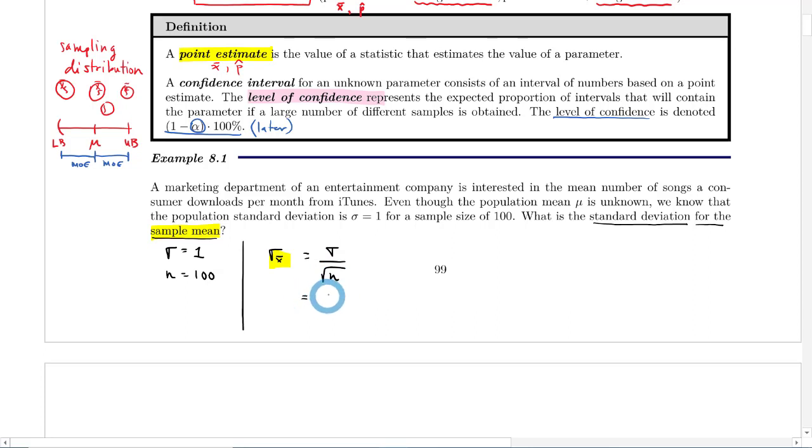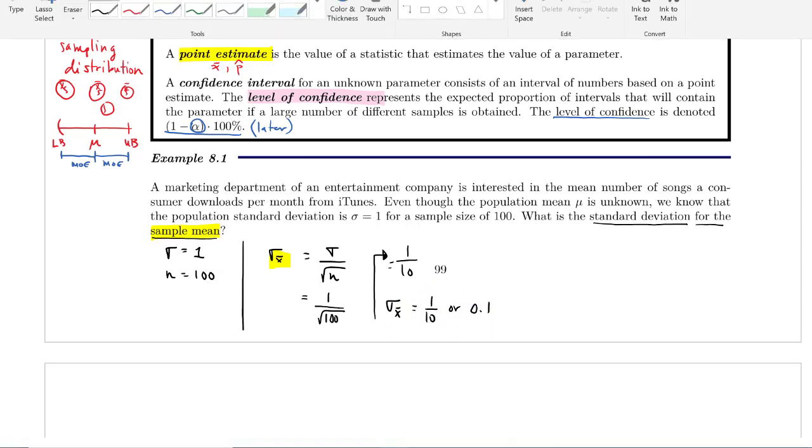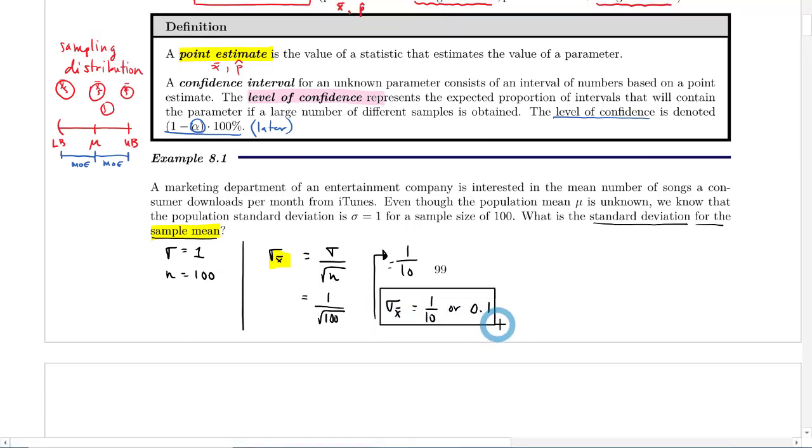And so that's just going to be 1 over the square root of 100, which is 1 over 10. Or we could say that the standard deviation for the sample mean is 1/10 or 0.1. It's just whichever.